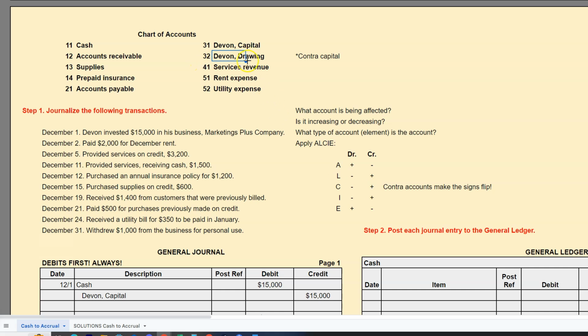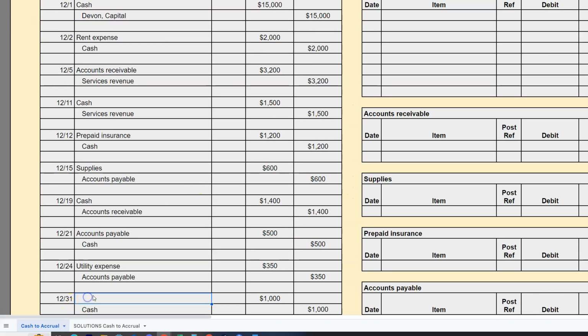In your first few chapters of accounting, the drawing account is the most popular contra you're probably going to run into. So how do we make a contra capital go up? Remember, flip signs with a debit. So we're going to debit Devon, comma, drawing. Later, that will decrease his capital, but that's a story for another day, later in the accounting cycle.